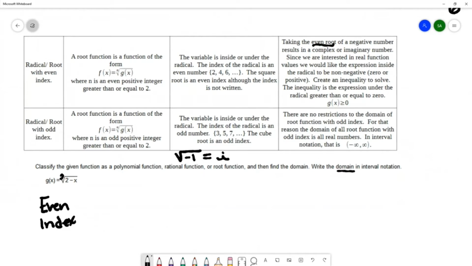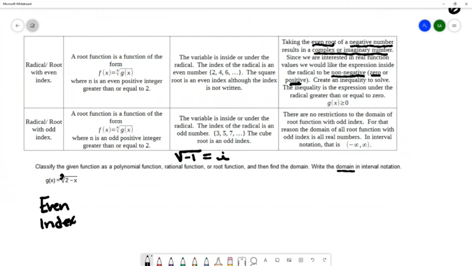Because negative numbers result in a complex or imaginary number, you want to exclude them from the domain. So we want what's underneath the radical to be non-negative, or positive or 0. Non-negative means 0 or positive.